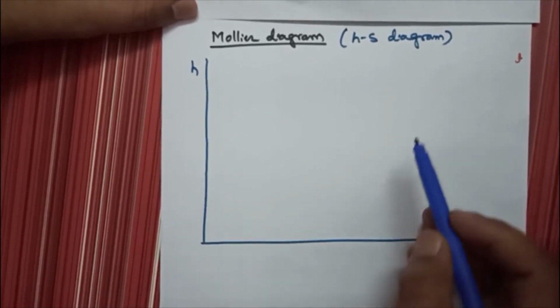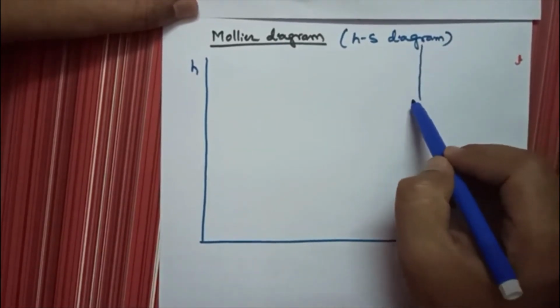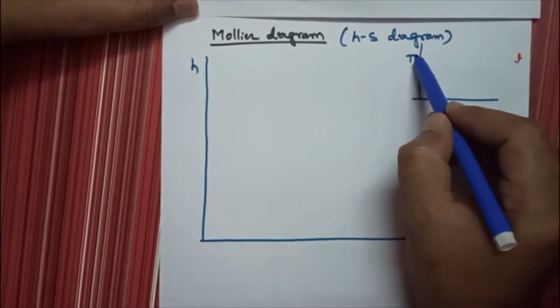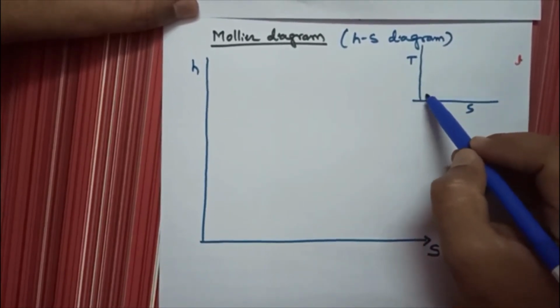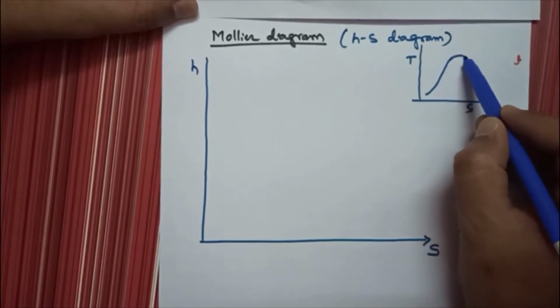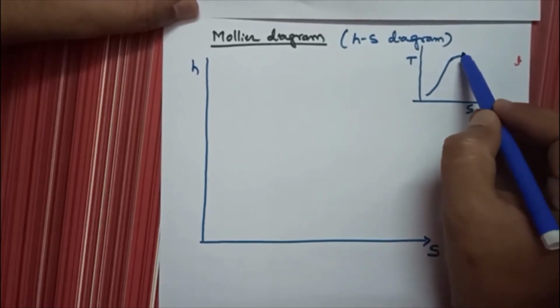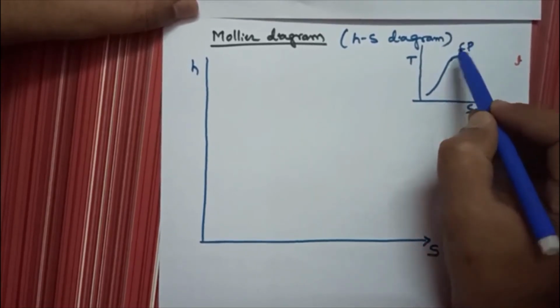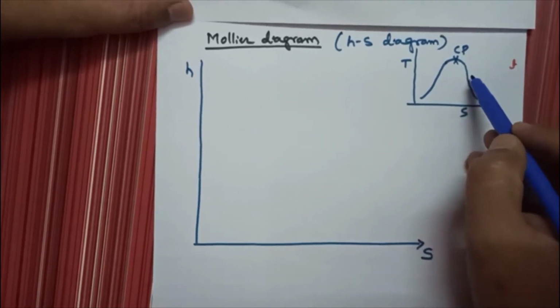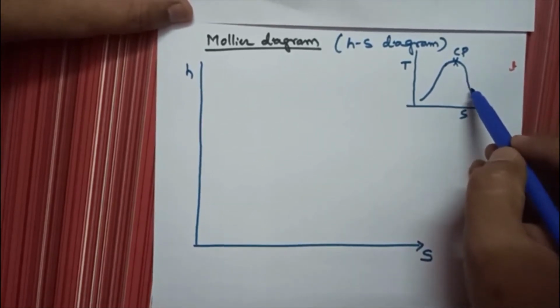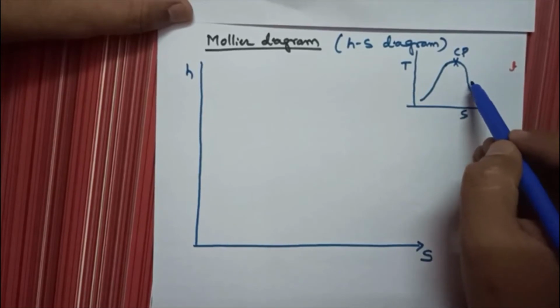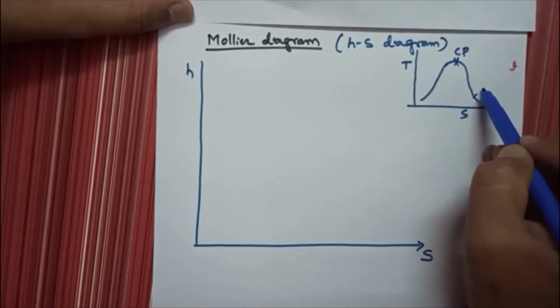In the TS diagram, what you have taken is temperature versus entropy. This is the saturated liquid line and the saturated vapor line. Both meet at a particular point, that is the critical point. Correct or not? Any property measured on the saturated vapor line is represented with suffix g.